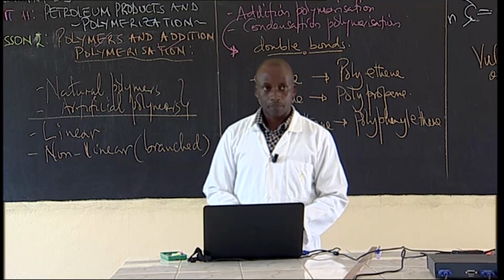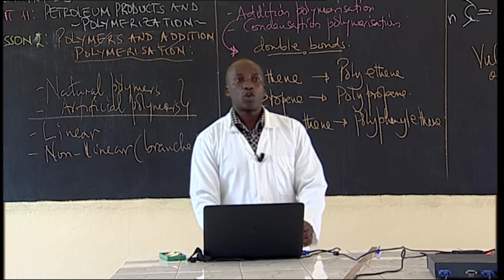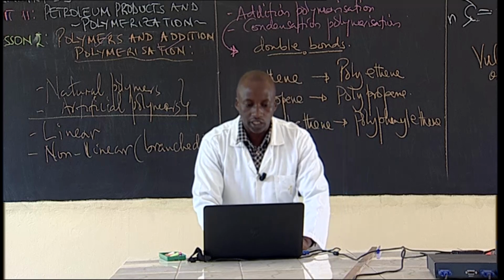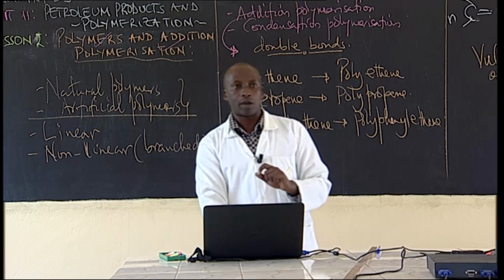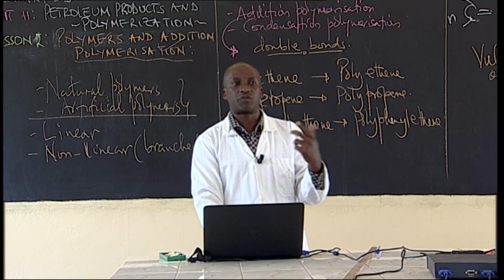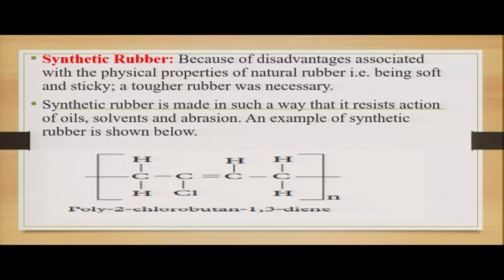Synthetic rubber. Because of the disadvantages associated with the physical properties of natural rubber, which we said is very soft, sticky, and tough, it has to be hardened. So synthetic rubber has been made, which is stronger.